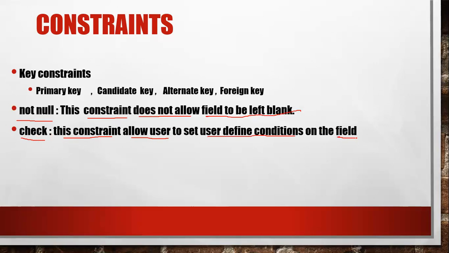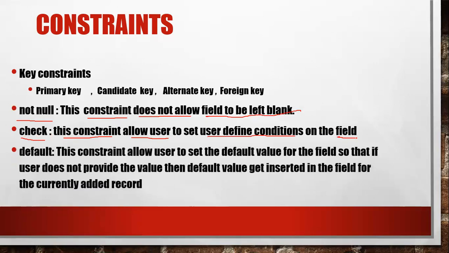The last one is the default. What is the basic purpose of the default constraint? Default allows us to set up a default value for a particular field. What will happen if a default value is set for that field?